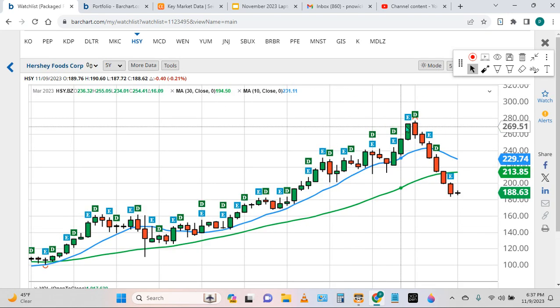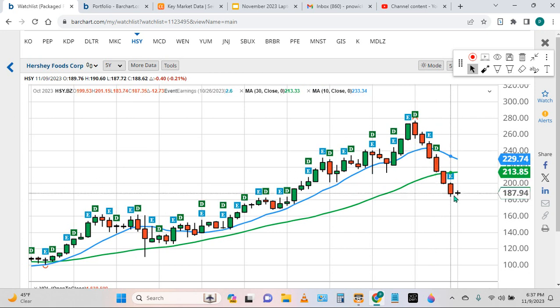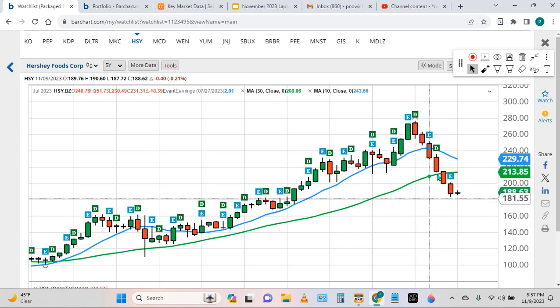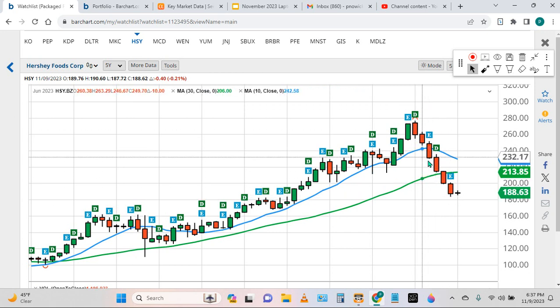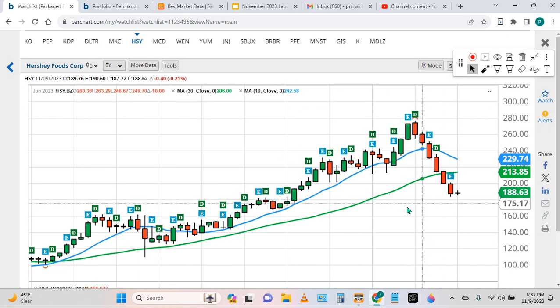Hershey looked very good until the spring and summer of 2023, and has just sold off. Just steady selling in Hershey. When we see that, we would expect it to continue until it stops, and I don't see that stopping just yet.